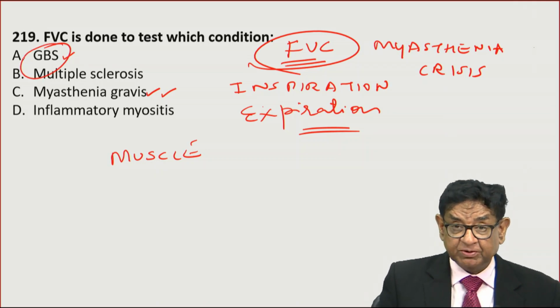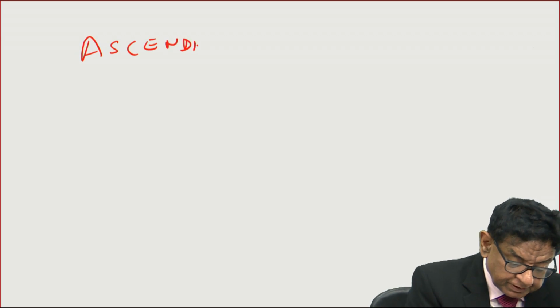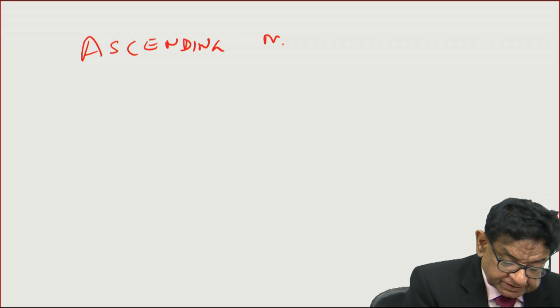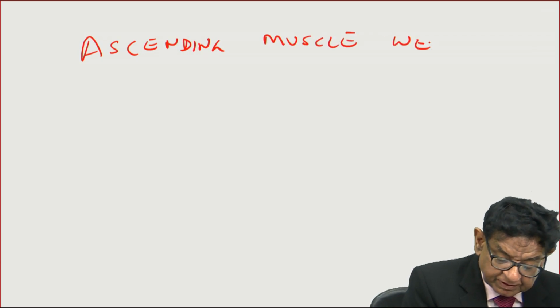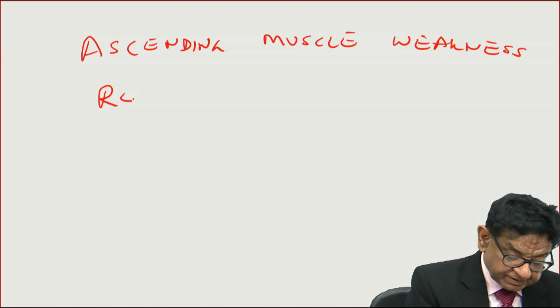Well, in Guillain-Barré syndrome, we all know very well, there is an ascending muscle weakness, and this weakness is areflexic.